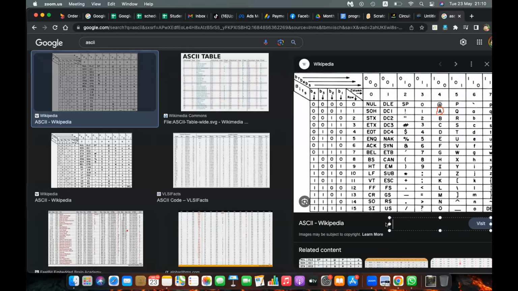The other side 000, so what is the value of letter a? Convert to decimal and tell the value of letter a. 65, exactly.